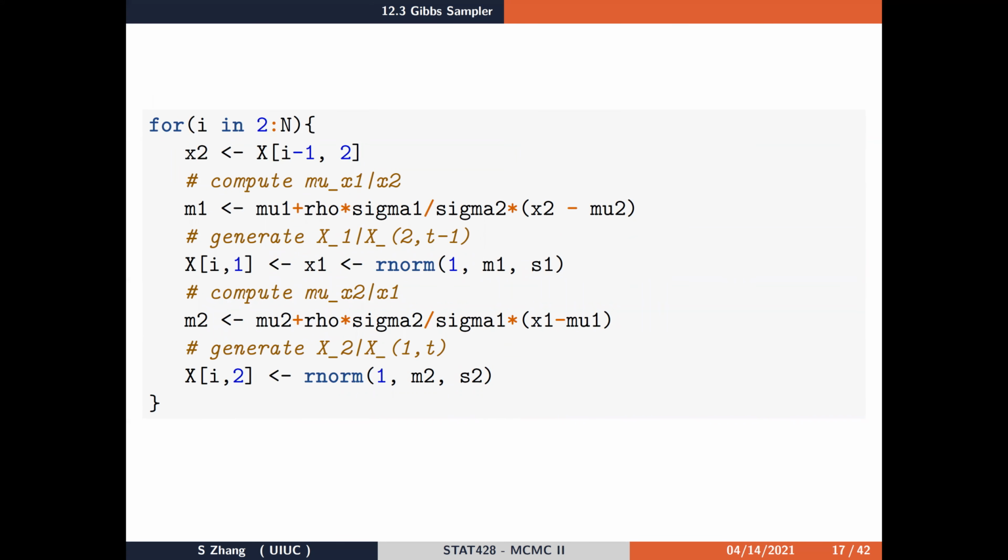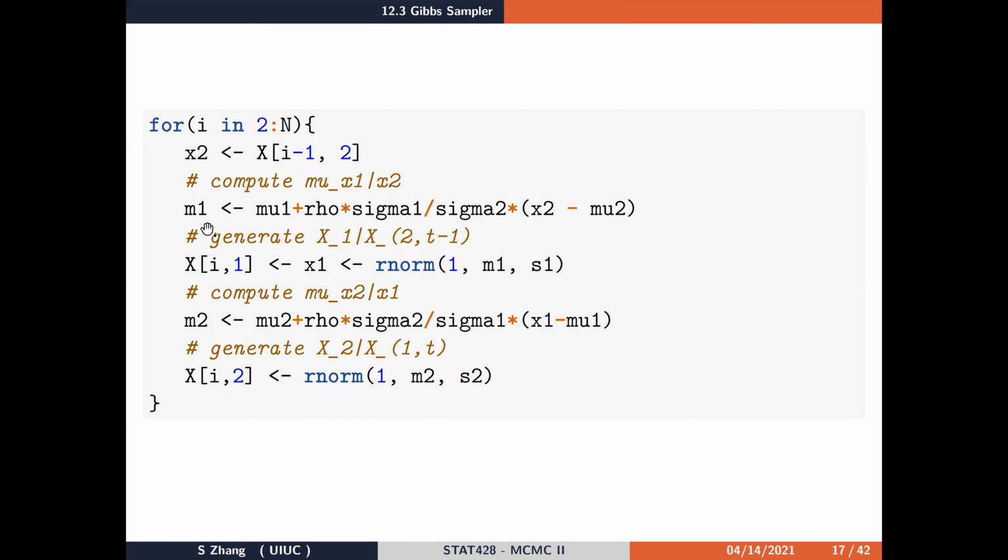Subsequently, for each iteration, we will first compute the mean of the normal distribution of x1 given x2. This is given by mu1 plus rho times sigma 1 divided by sigma 2 times x2 minus mu2, where x2 was the last draw of the second dimension we got.